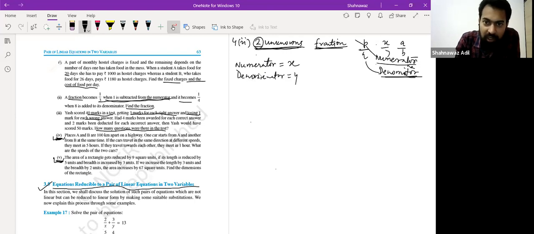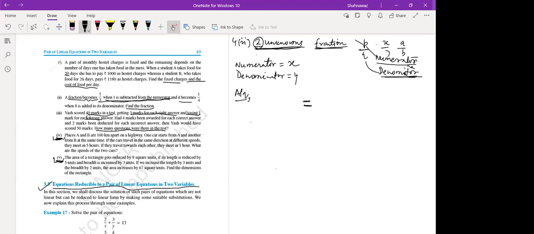Right. And now the first part is done. We have found out the unknowns here. Now we will use the information that is available in this question. So first is that a fraction becomes, meaning it is equal to, it becomes what? 1/3.